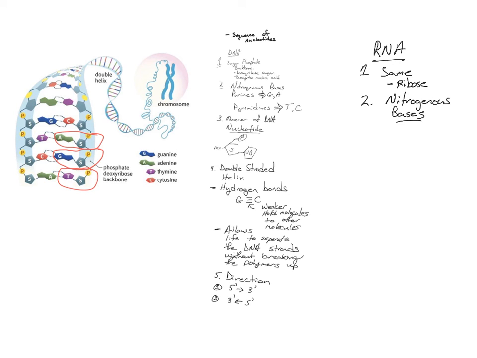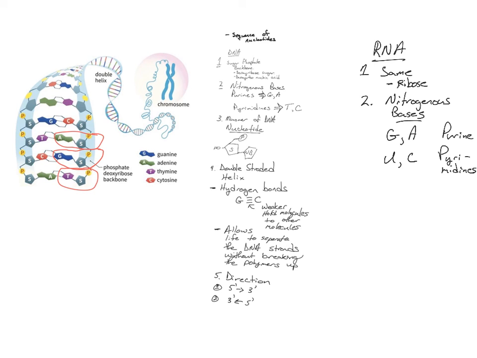The interesting thing about these nitrogenous bases is purines and pyrimidines. RNA has G and A, the two purines. The pyrimidines actually end up being U and C. Remembering that A is going to match up with U and G with C, right?